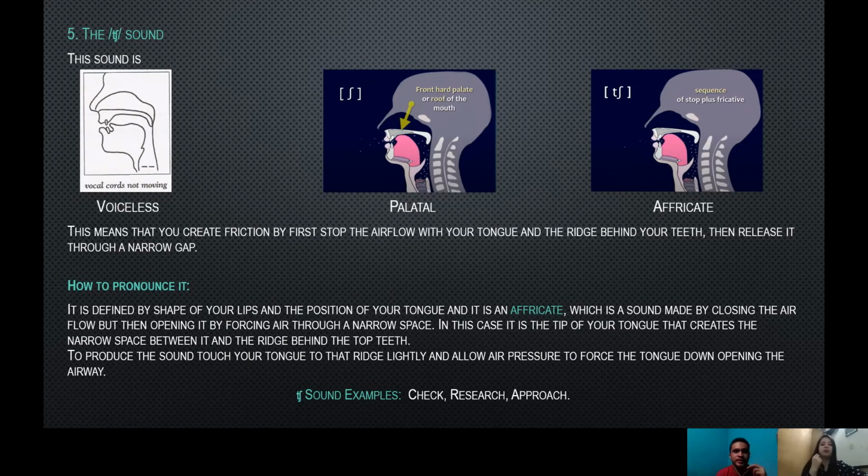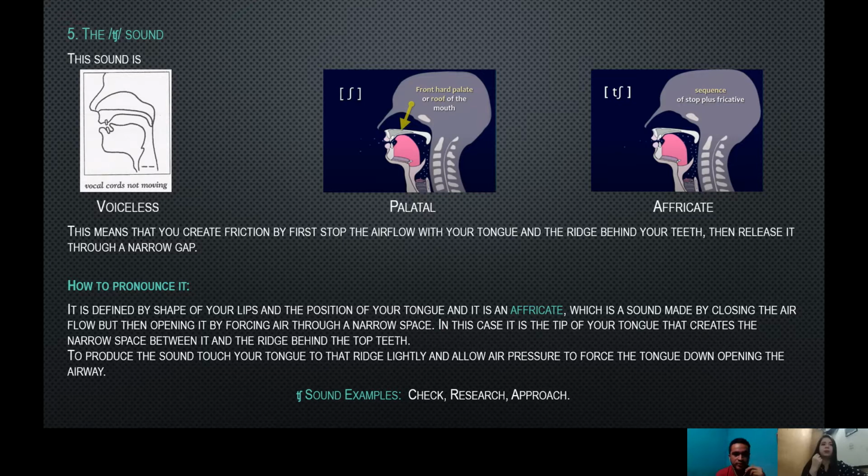The ch sound. This sound is voiceless, palatal, affricate. This means that you create friction by first stopping the airflow with your tongue behind your teeth, then releasing it through a narrow gap. How to pronounce it?